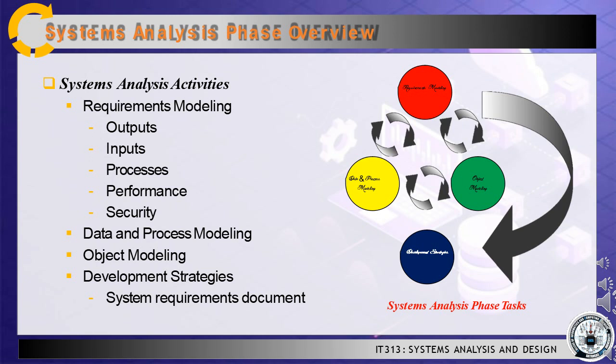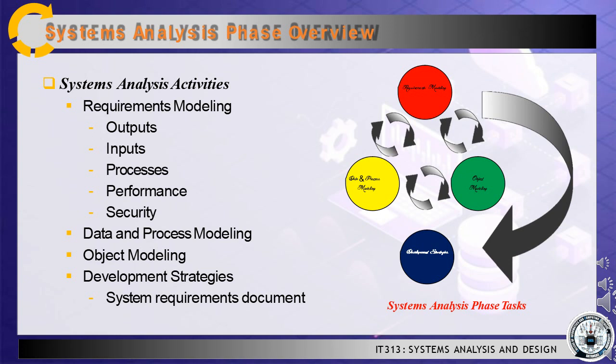Requirements modeling involves fact-finding to describe the current system and identification of the requirements for the new system, such as outputs, inputs, processes, performance, and security. Outputs refer to the electronic or printed information produced by the system.